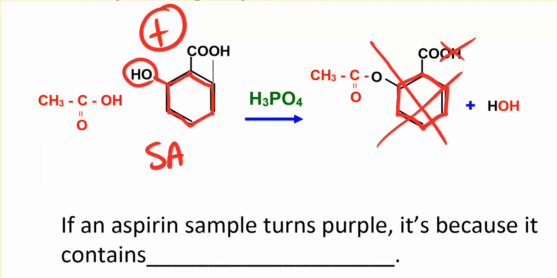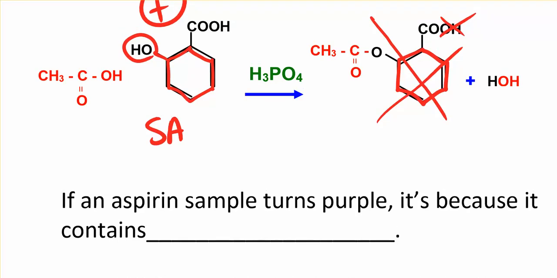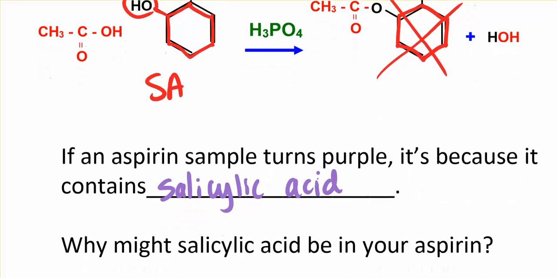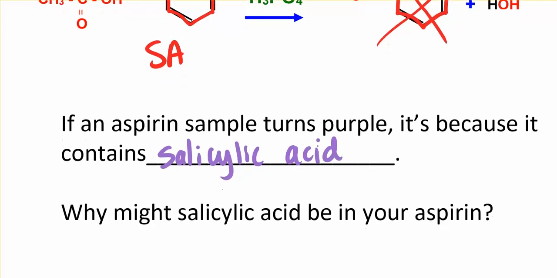So if you test your aspirin and it turns purple, maybe light purple, what does it tell you about the aspirin? That it must contain salicylic acid. And why would it have salicylic acid in it, your aspirin that you make in class?